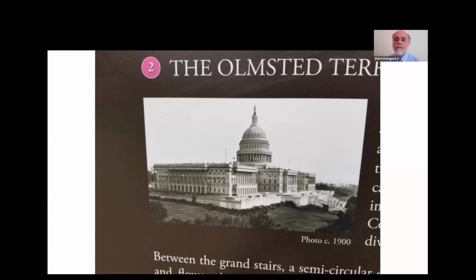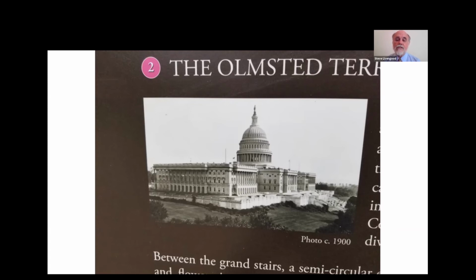And that curve that I showed you as walking down where they're growing the vines up over the stone, that is to define that oval and to keep as much as they could of the Olmsted plan. Really, when you look at the details of what they did with the visitor center, it's really rather inspiring that they were able to essentially double the size of the Capitol building and still maintain the feel of the Olmsted plan. It's quite brilliant.